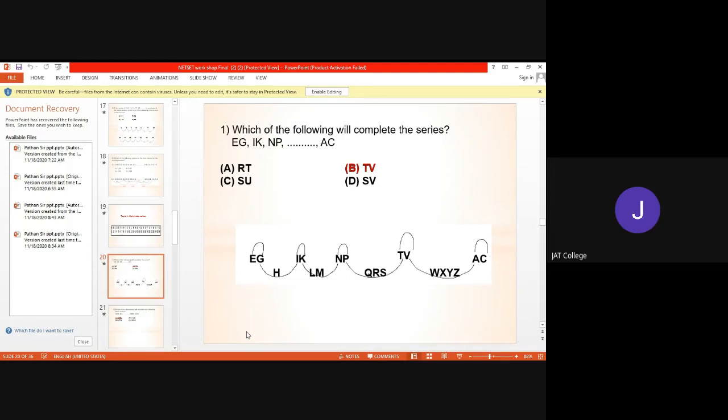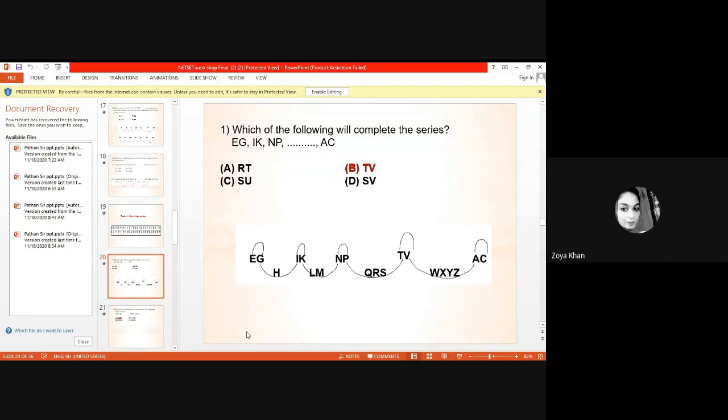And after P, three alphabets are skipped. Then T will come. Okay. In this way, this series is given. So what we have to do? We have to find out after NP, we have to skip three alphabets. Why we have to skip three alphabets? Because in the first pair, in between first and second pair, one alphabet is skipped.